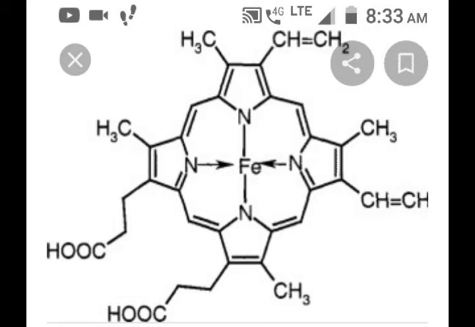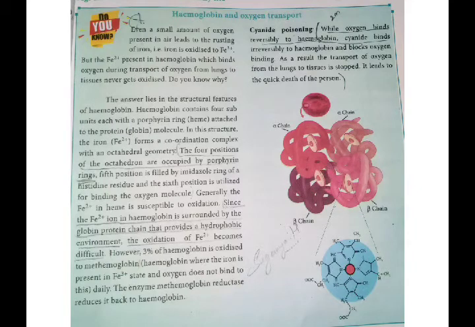Is it clear now? Now let us see what is the action of cyanide in this hemoglobin. Generally, hemoglobin has a greater affinity towards oxygen. In that oxygen position, suppose when cyanide is ingested, the cyanide binds to the hemoglobin in an irreversible manner.